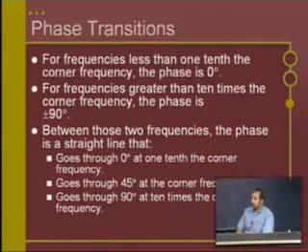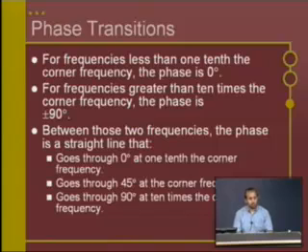So the specifics here are, if you have a frequency that's less than 1/10 of the corner frequency, where the corner frequency again is the pole or the 0 frequency, the phase is 0 degrees. At 10 times the corner frequency, that phase moves to the full positive or negative 90 degrees.